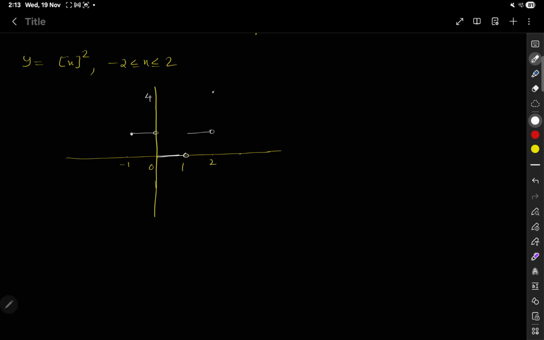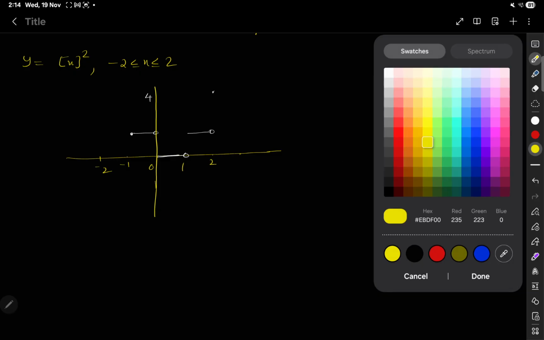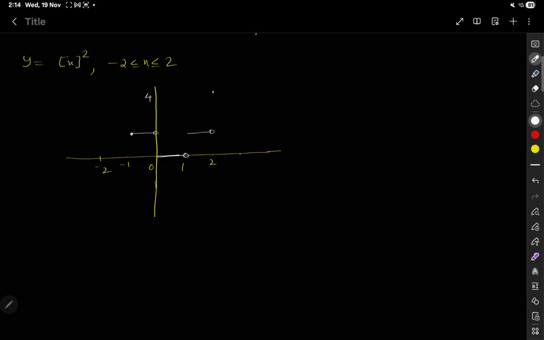Correct? Now minus 1 to minus 2, what is the value of step x? Minus 2. Minus 2 square is plus 4. So it will be plus 4. Like this, not like this. At minus 2 it is 4. Clear? So this is the graph. Very easy graph.